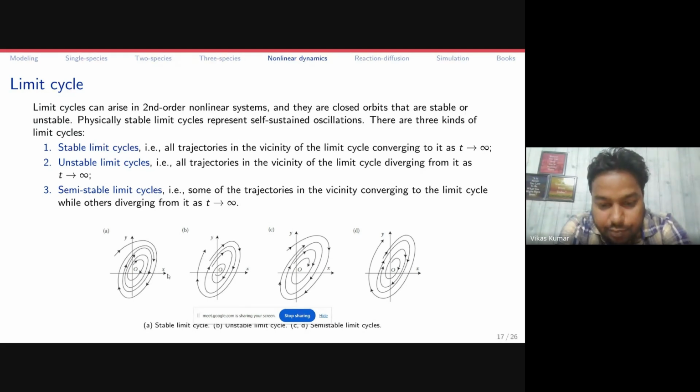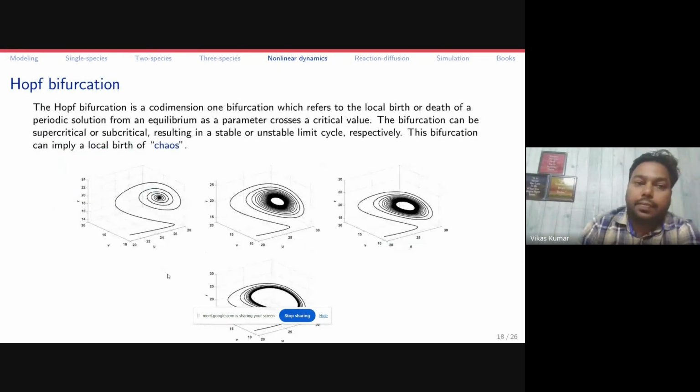So in diagram B, you can see it's diverging from the limit cycle, of course, and from the outside it is also diverging from the limit cycle. So in figure B, it is an unstable limit cycle. You will observe such kind of dynamics when you solve these food chain models or prey-predator models, two species models.